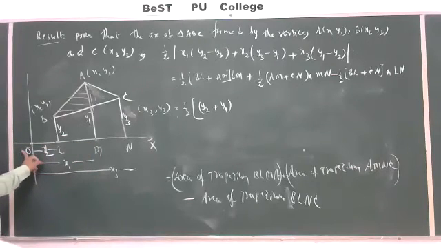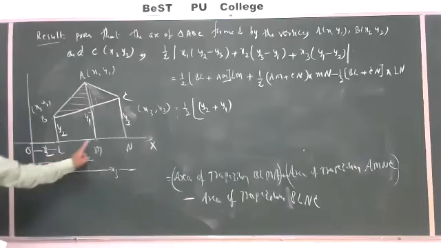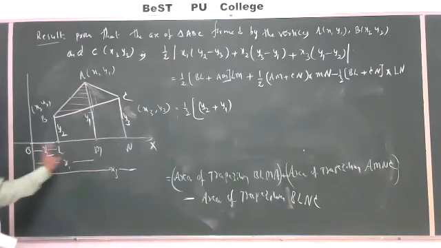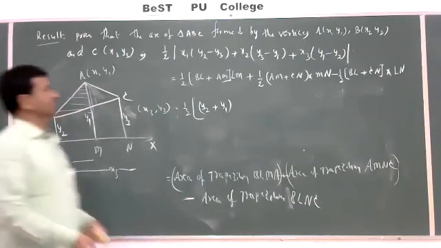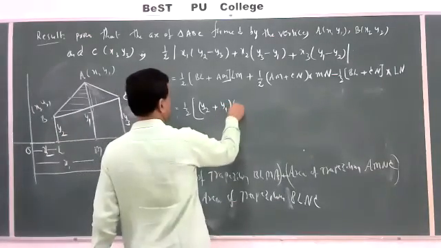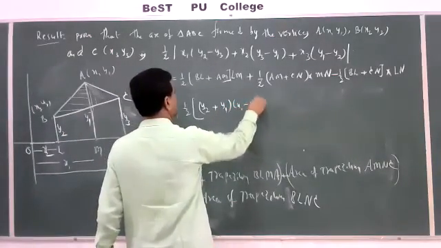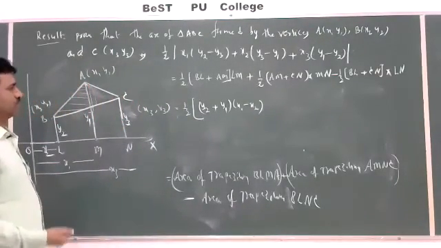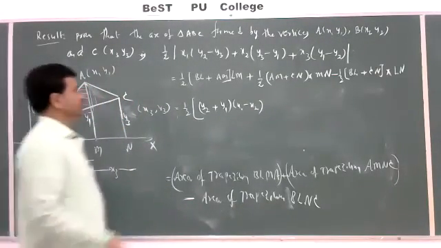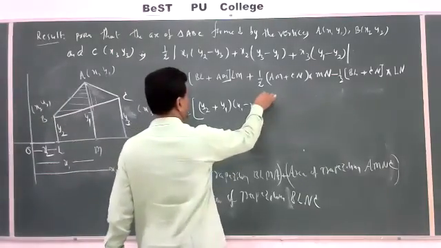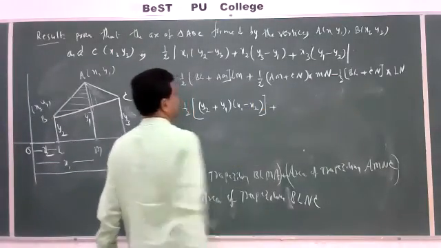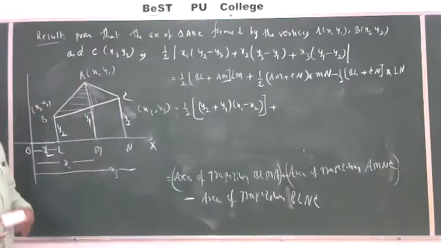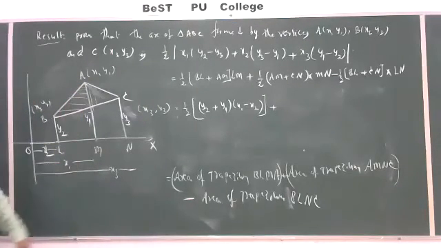LM means OM minus OL, which is x1 minus x2. So the first one is over, and this is plus. The remaining, try to write yourself.